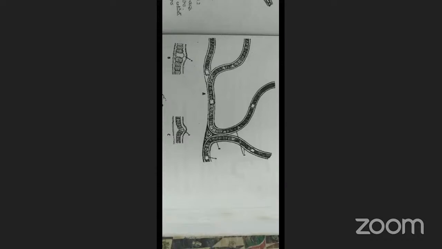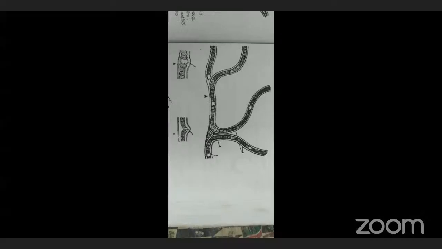What is false branching? False branching means the filament breaks apart at the site of a dead cell. They are covered in the mucilage sheath only. If dead cells occur in that place, the pieces remain attached within the mucilage sheath.